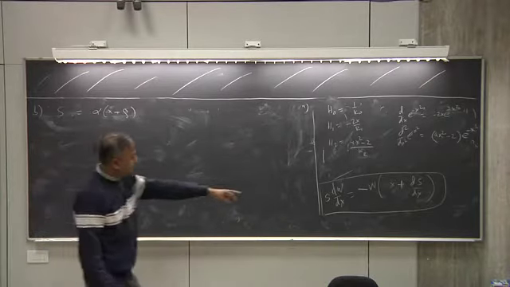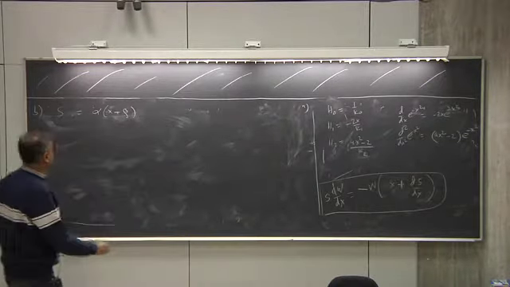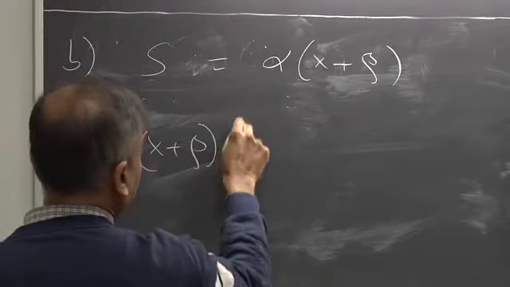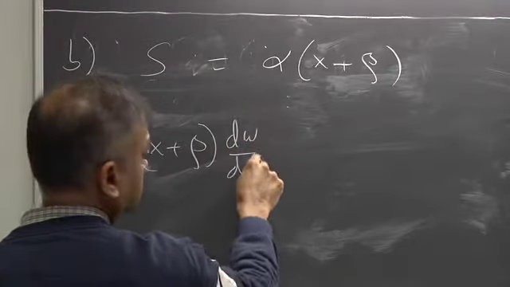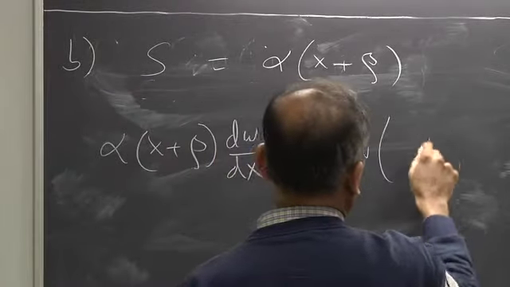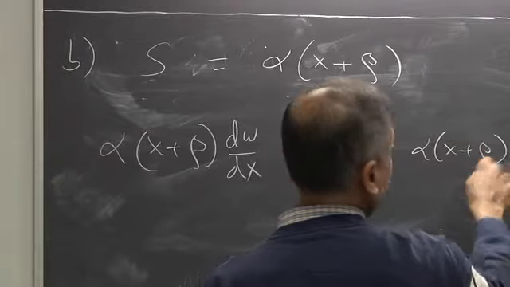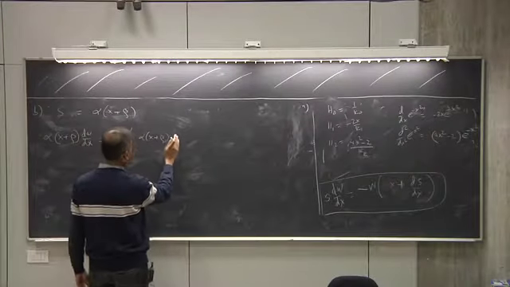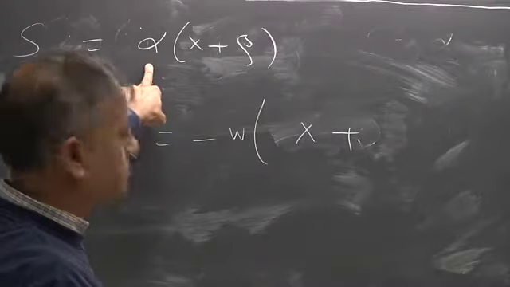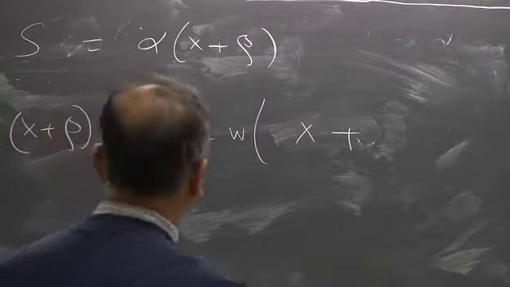So substitute that here. You get (alpha x plus beta) dw by dx equal to minus w times (x plus ds by dx). ds by dx is simply alpha, right?